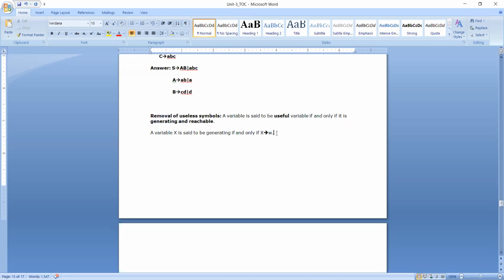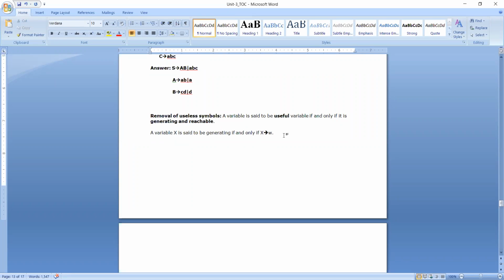In the sense, we can call a variable a generating variable when we are able to generate a string which consists of only terminals using this variable X. Then we can say that such a variable is a generating variable. Okay, we'll discuss examples also, where it will become very clear for you.